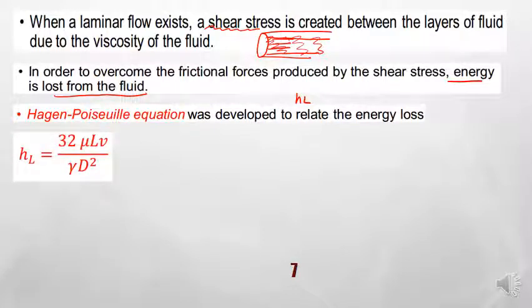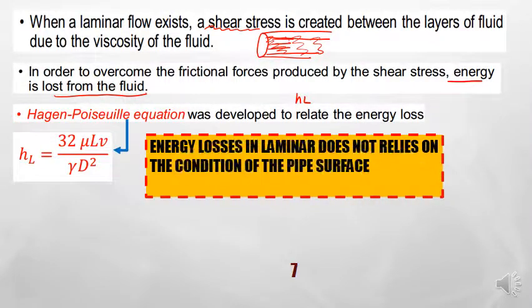So this is the Hagen-Poiseuille equation. The energy losses in laminar flow do not rely on the condition of the pipe surface. Now I will show you how we can relate the Darcy equation and the Hagen-Poiseuille equation in order to calculate the energy loss, or HL, occurring in laminar flow.